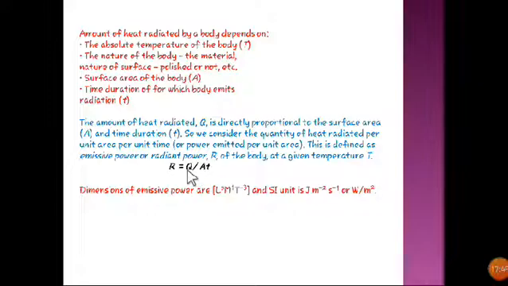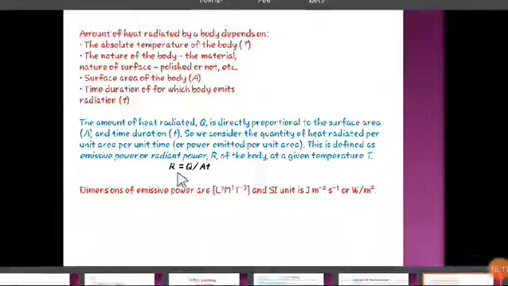Radiant heat is directly proportional to A as well as directly proportional to T. So Q by AT gives you a term which is called R, and this R is nothing but emissive power or radiant power R of a body at given temperature T.